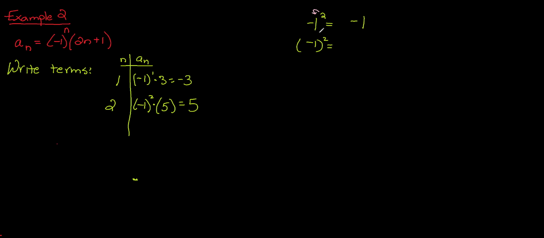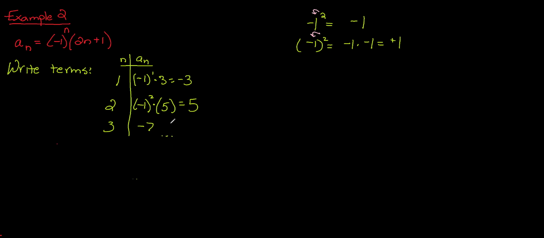In contrast, when I've got parentheses that are being exponentiated, I've got -1 times -1, that's going to give me a +1. So just be careful with your signs on these problems. Let's carry on. So if I plug in 3, I'm going to get a -7, etc.